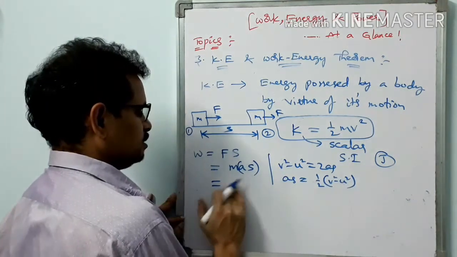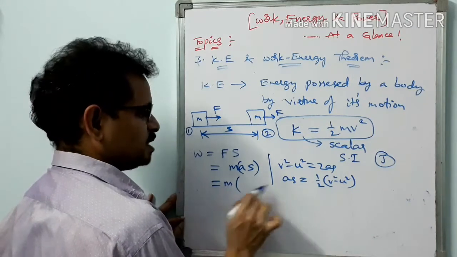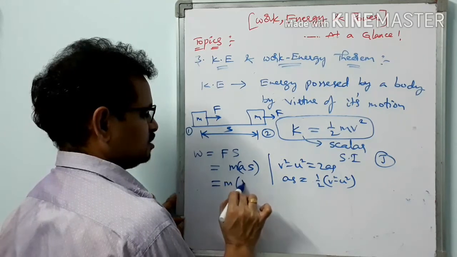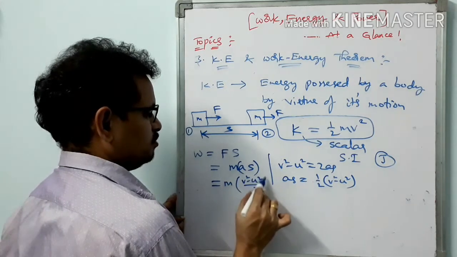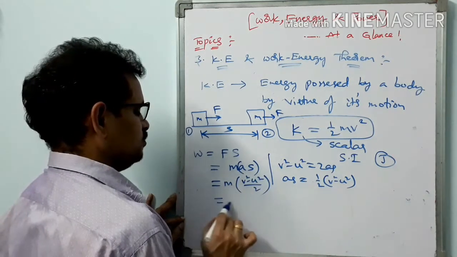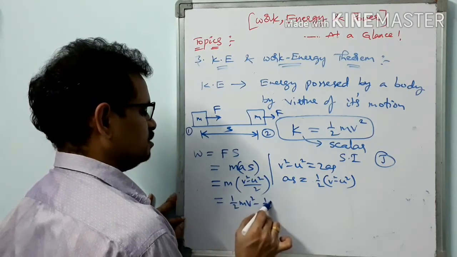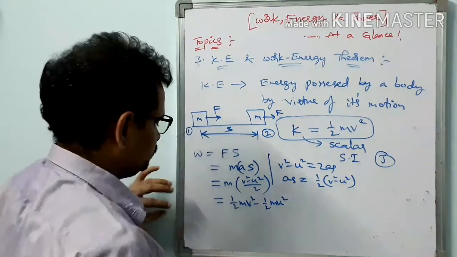So W equals m into (v square minus u square) by 2, which is half mv square minus half mu square.